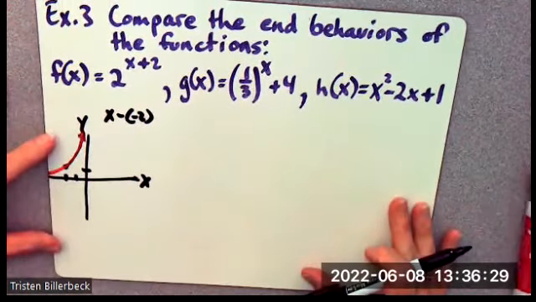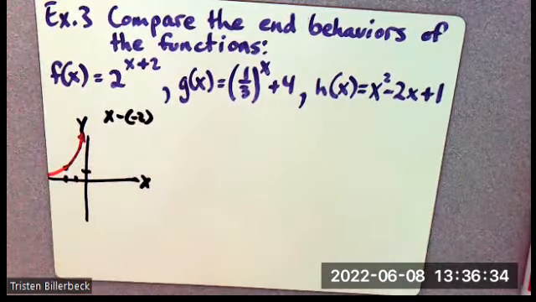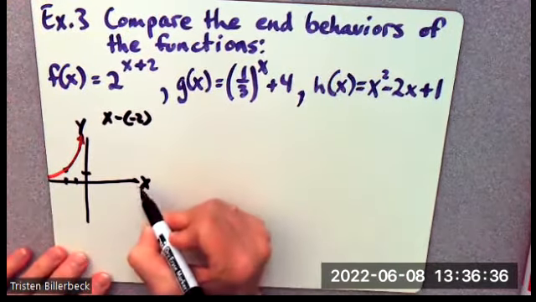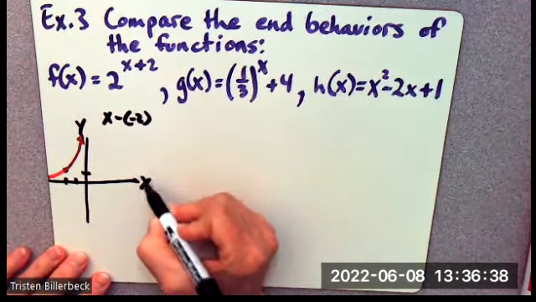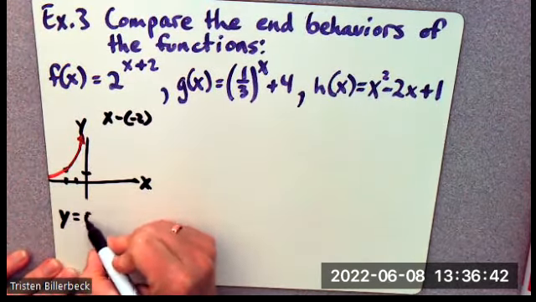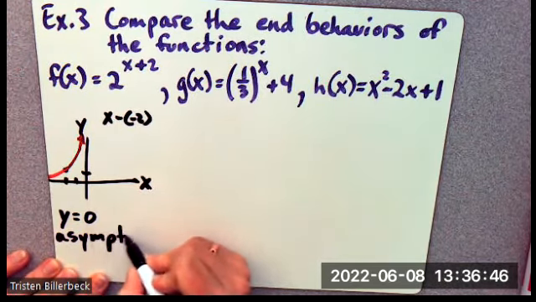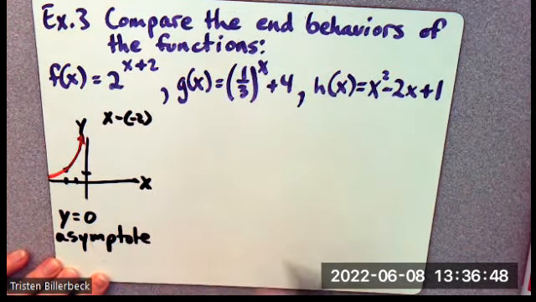So this end behavior, it does have an asymptote right here, still at y equals 0. So let's write y equals 0 is my asymptote. Okay, so it's not going to go beyond that.